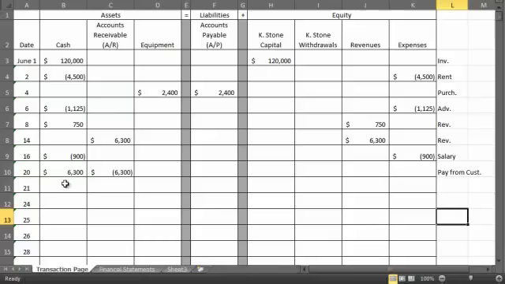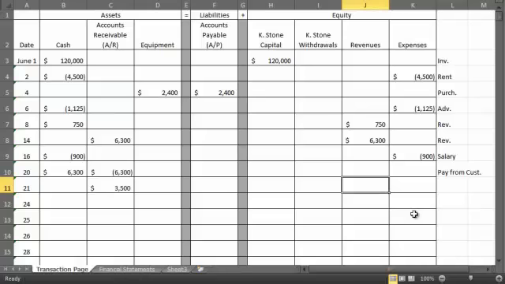On June 21st, the company completed $3,500 of maintenance services for Skyway Company on credit. Well, this is similar to what we did up here. So we are going to increase the accounts receivable by $3,500 because the customer we provided services for is going to pay us in the future.